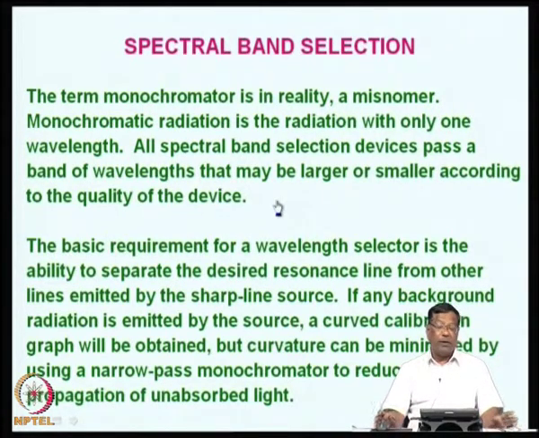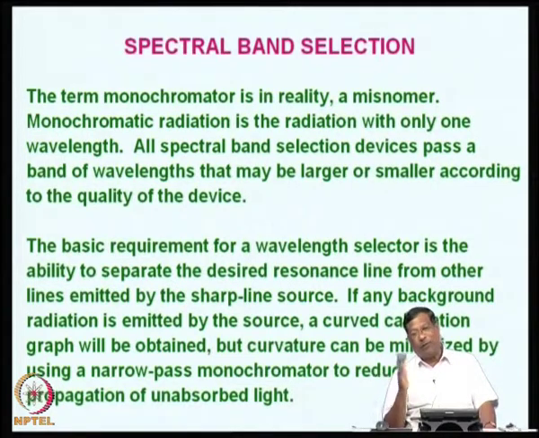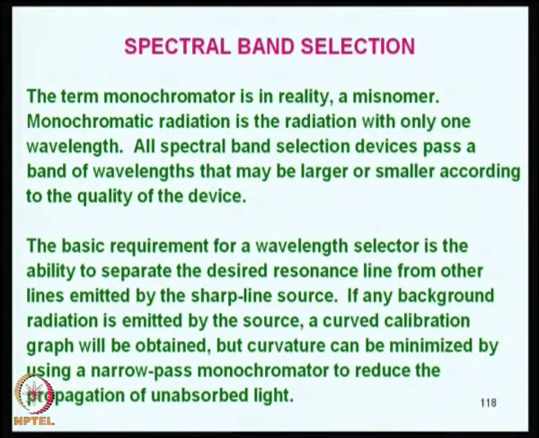That means, whatever monochromator you use, it will never give you a single wavelength of radiation because of the Doppler effect, hyperfine effect, isotope effect, Voigt profile, Lorentz profile and so many other profiles. You will never get a single wavelength radiation from any of the devices known to us so far.